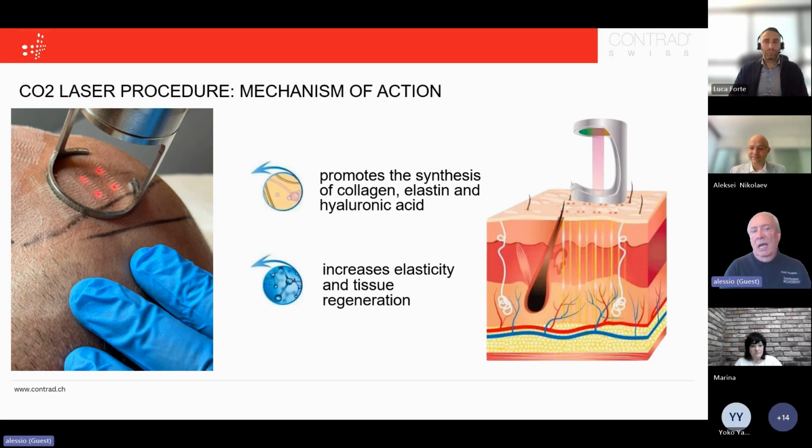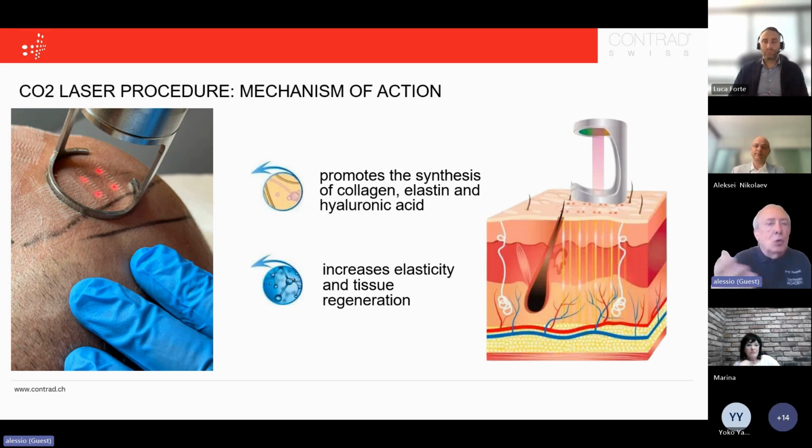In this case, I am creating damage in the skin, and this promotes the synthesis of collagen, promotes the synthesis of neovessels. Everything is promoted: elastin, hyaluronic acid, the extracellular matrix that is so important.